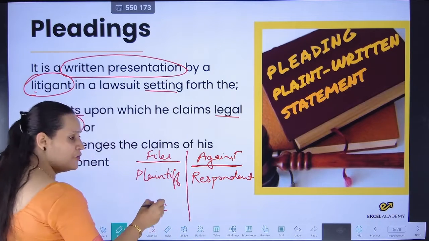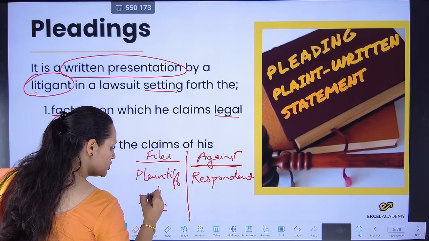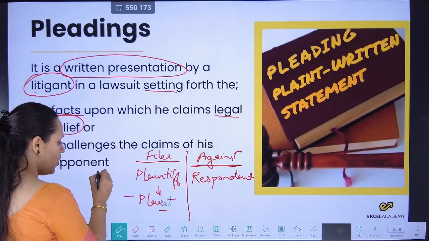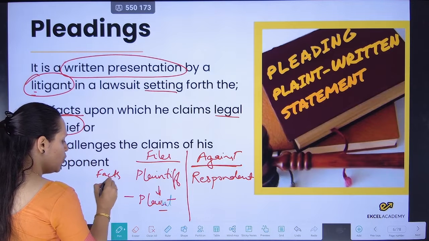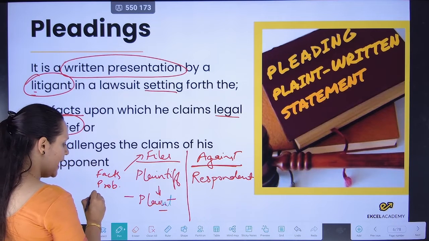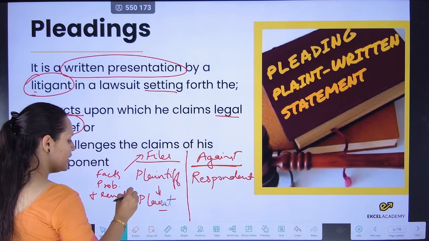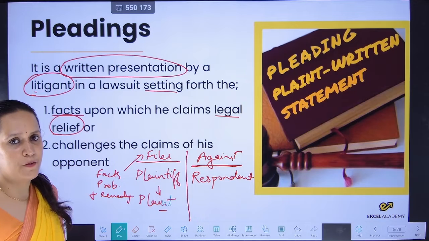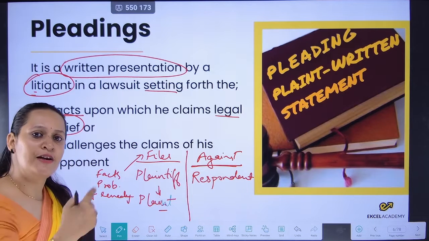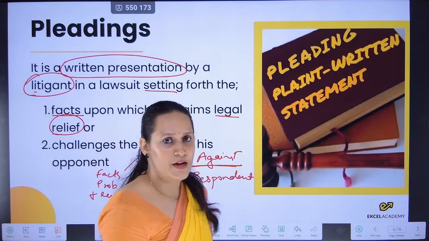The plaintiff is going to file a document which is called a plaint, in which he is going to include what are the facts of the case, what is the problem he suffered because of which there is a necessity of filing the case, and what is the remedy that he is seeking from the court for solution for that particular problem. Now, when this particular plaintiff is filing a case, he is definitely filing against some person who is the opponent, who is the respondent.